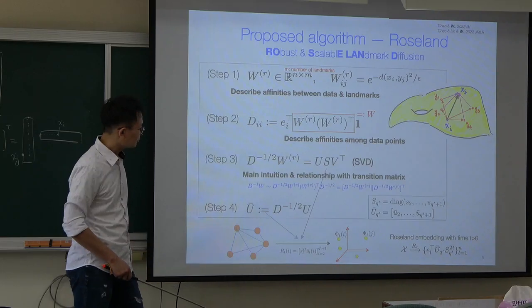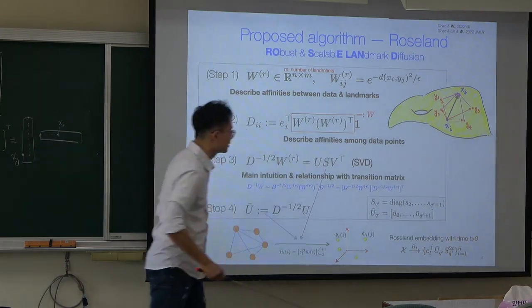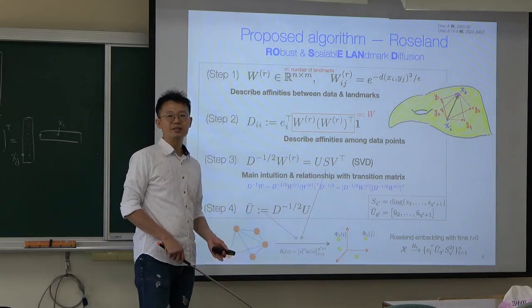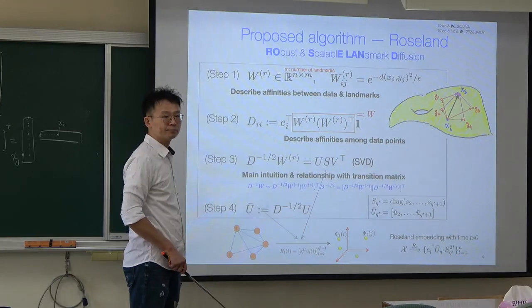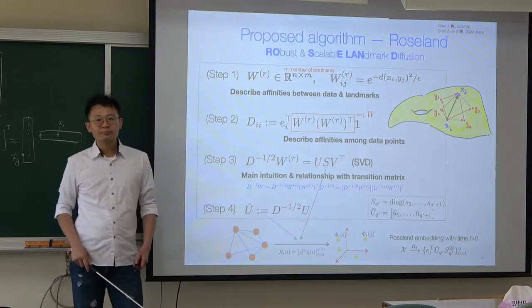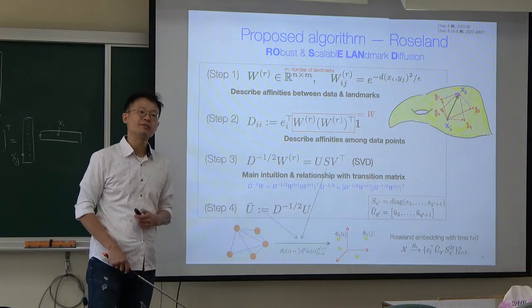And we call this the Roseland embedding with time. And then you can also define Roseland diffusion distance and so on. And the notations are put here. So this is overall the Roseland algorithm, very simple.